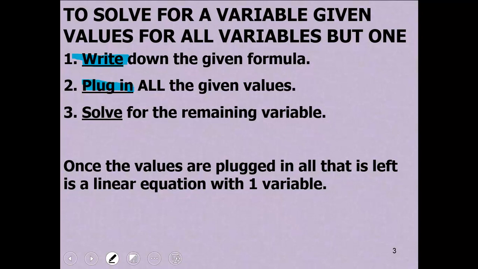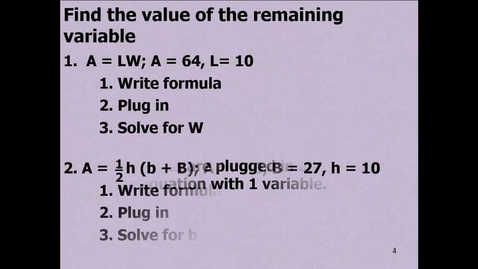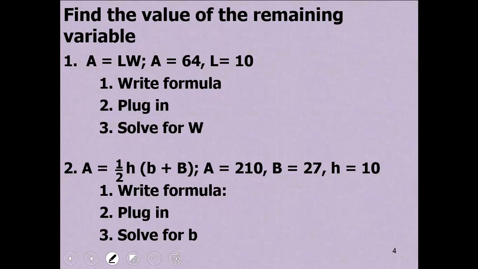And then we're going to solve for that remaining variable. What I want you to realize is that once you've plugged in all the given values, really what you're left with is just a linear equation in one variable. You have a bunch of numbers and one letter, and you're solving for that one letter. All right. So let's use that technique to solve for the missing variable.